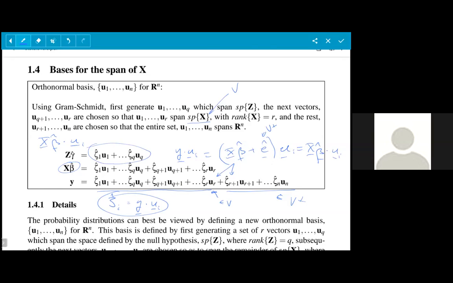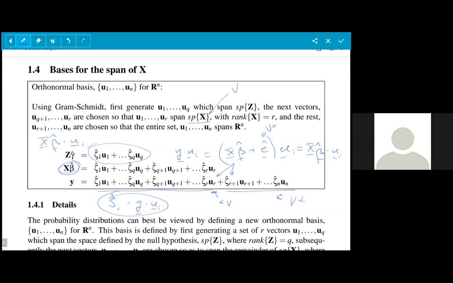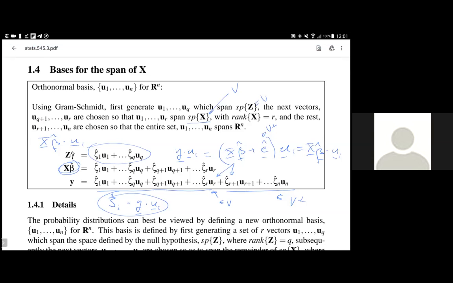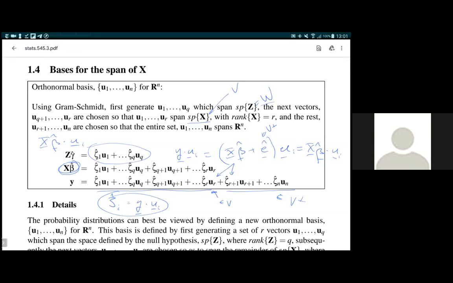And because we get the same coefficients everywhere for the first U's, we also see that the projection of X beta hat onto W, onto the span of the Z matrix, is going to be Z gamma hat.